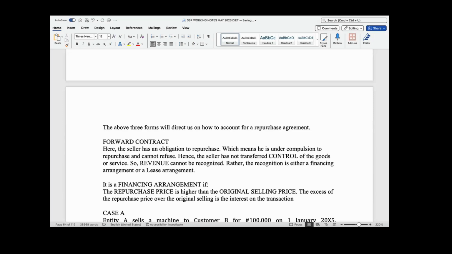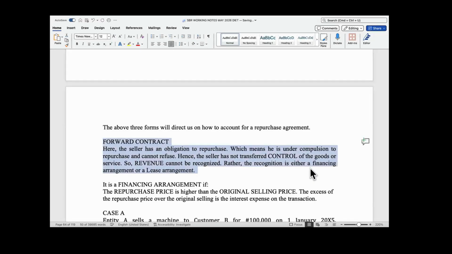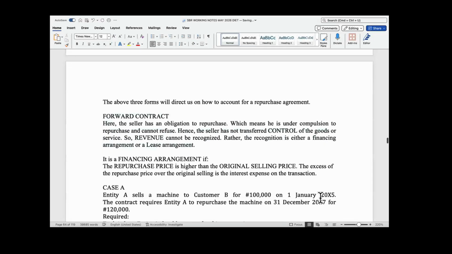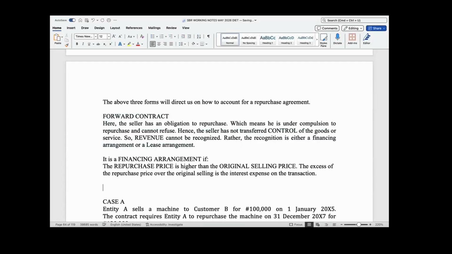That's the interest expense that the seller is paying back. That's why he's paying more than he collected, because we are going to treat it as a loan. That's how we're going to see it. So instead of recognizing revenue, you recognize a loan.